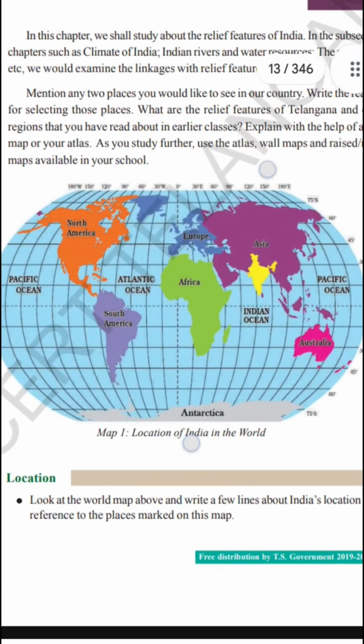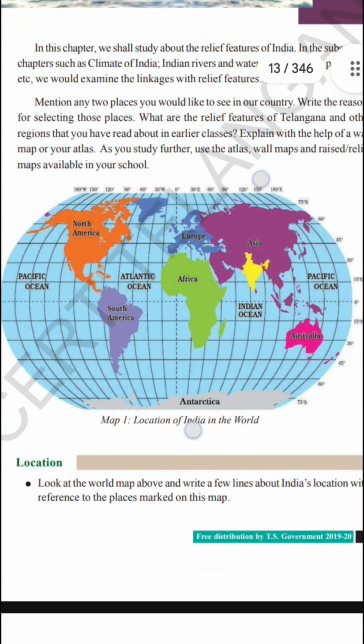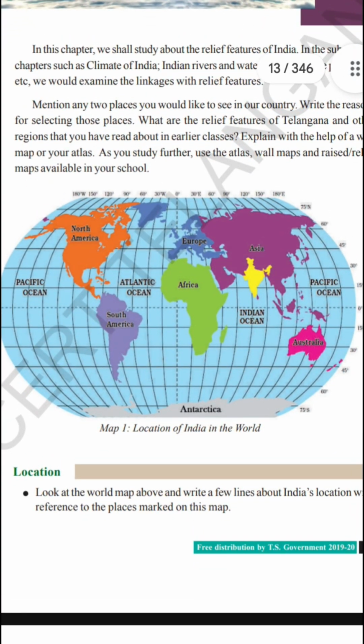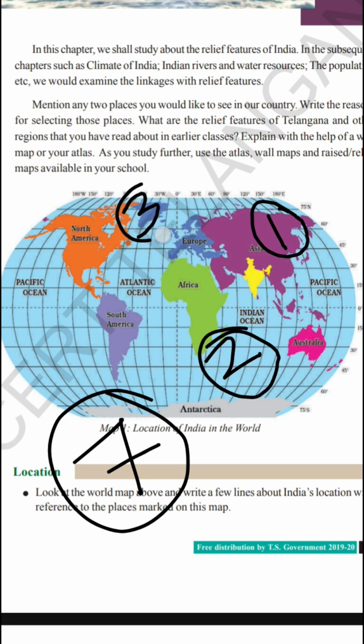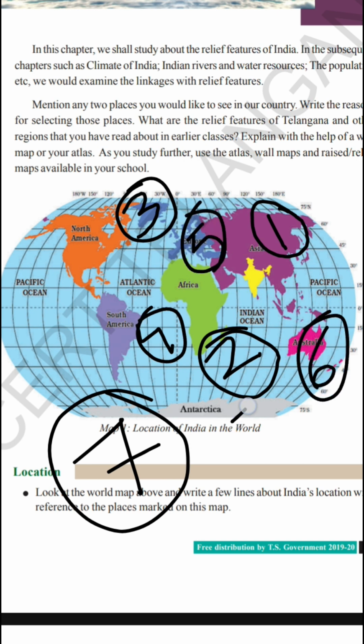Okay, I'll zoom in so that it is clearly visible to you. Now we know there are 7 continents. First we will talk about Asia, then Africa, then North America, South America, Europe, Australia and Antarctica.